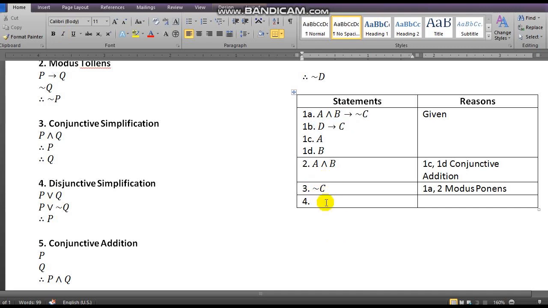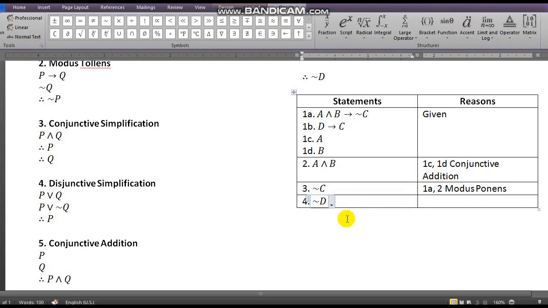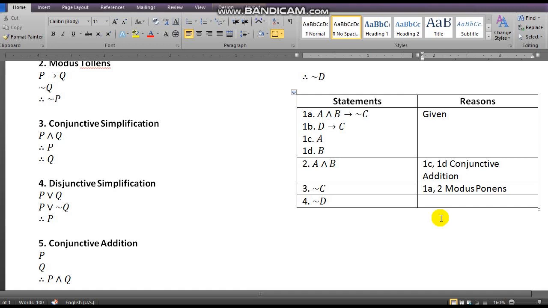So we can say that not D is true. We're going to reverse it from 1B. So we used 1B and 3. 1B, D implies C, and 3 is not C. If not C is true, then not D is also true. So that is from modus tollens.